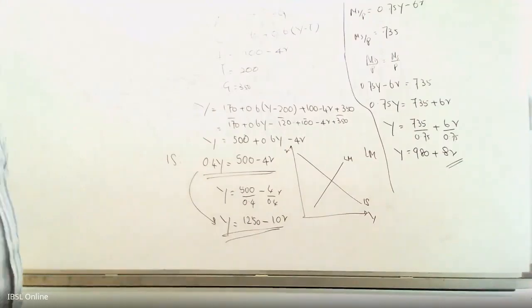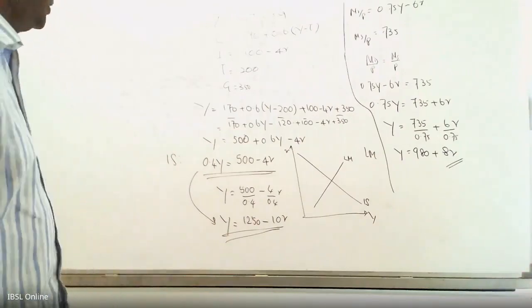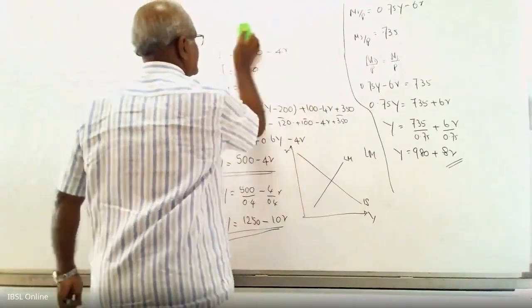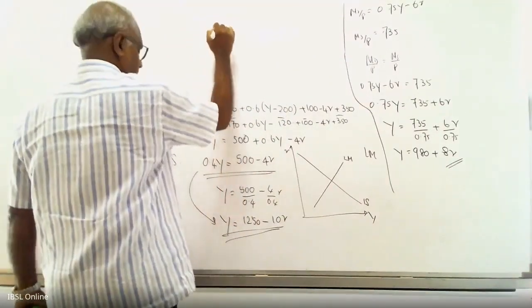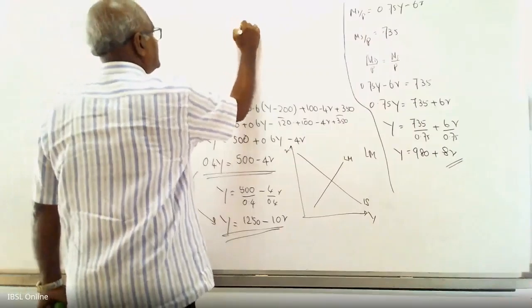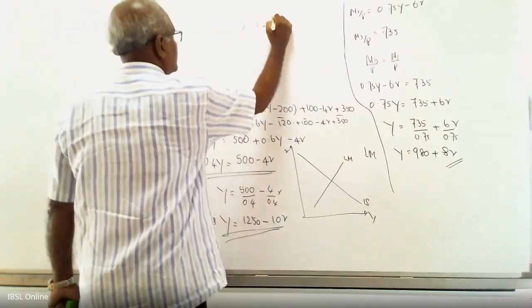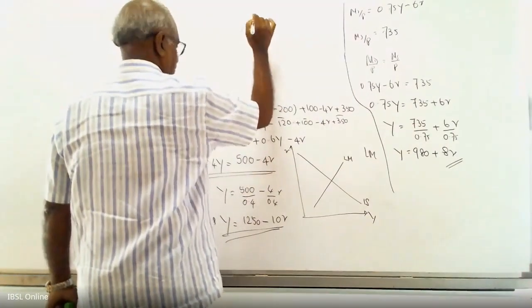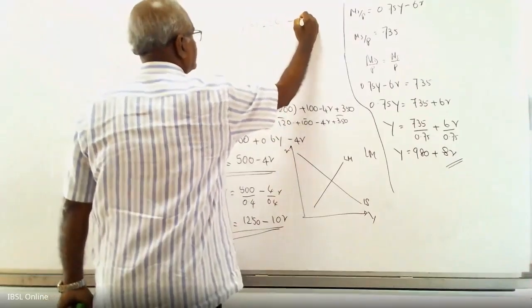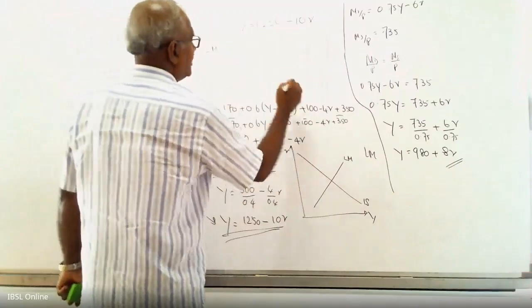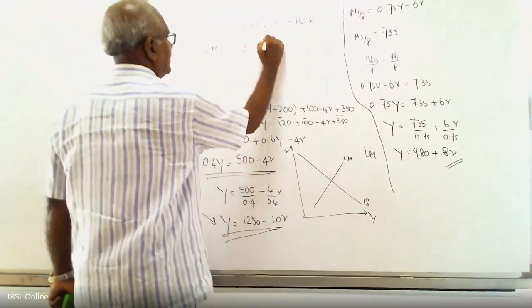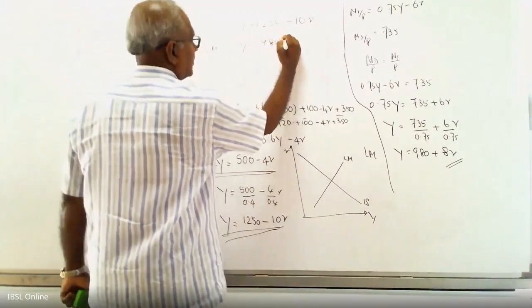Right. Now we will calculate equilibrium income and interest rate. I will first write down the IS curve. What is our IS curve? Y equals 1250 minus 10R. LM: Y equals 980 plus 8R.